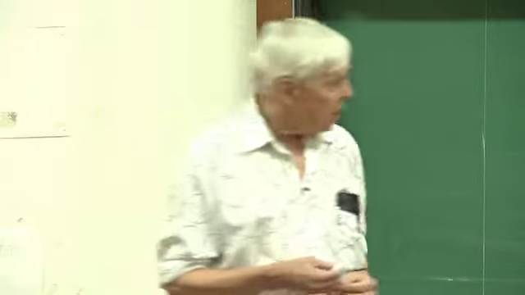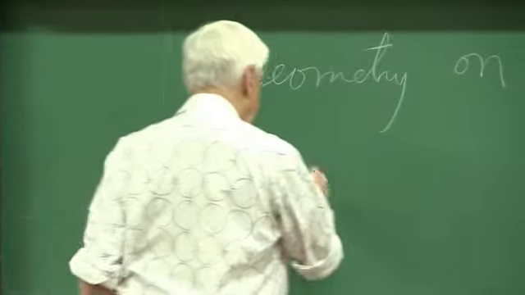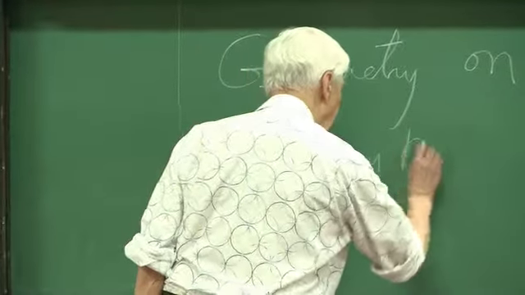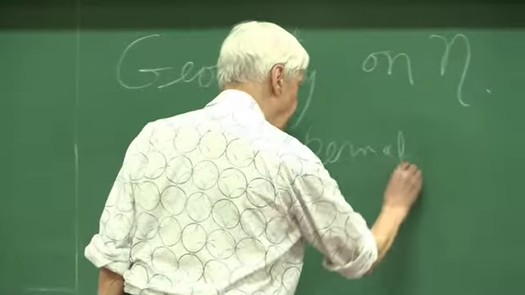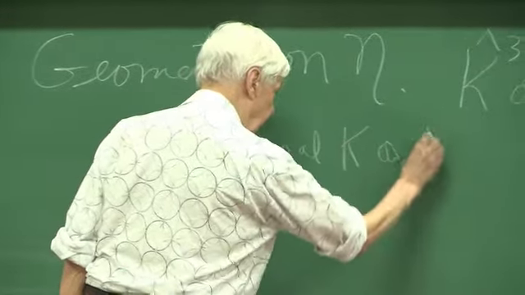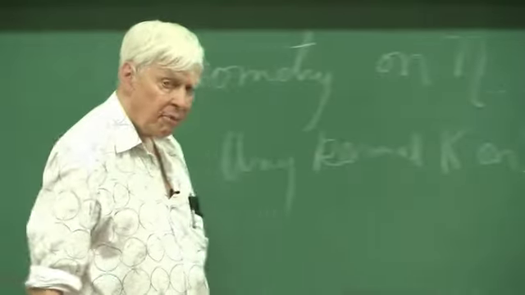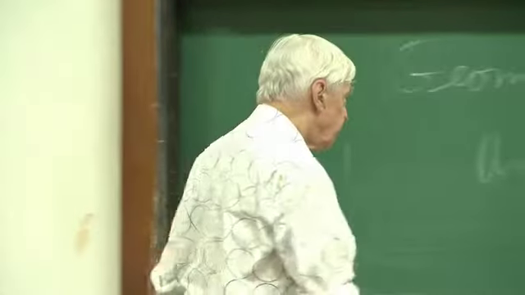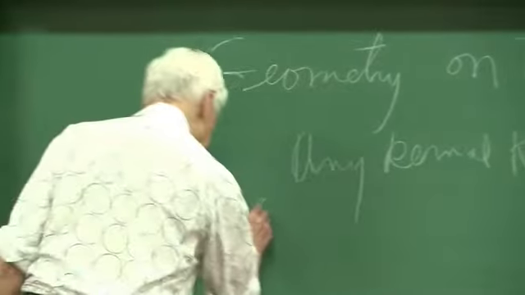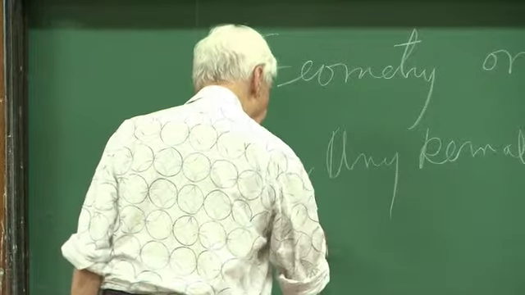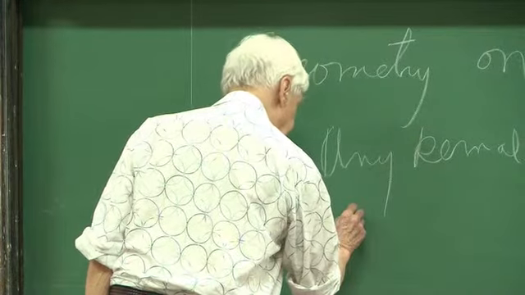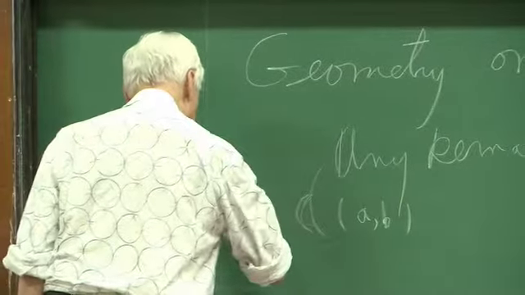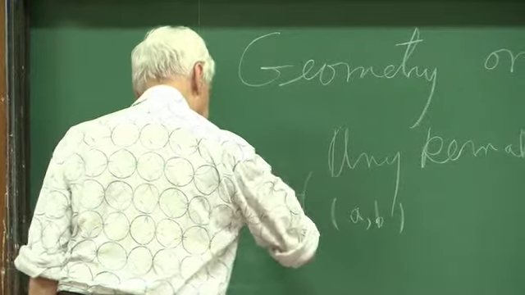Okay? So the way we do that, in fact, if we have any kernel k on any set x, let's say x finite here, we can define a distance from a to b, a and b elements of x.